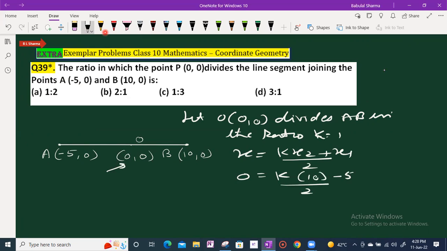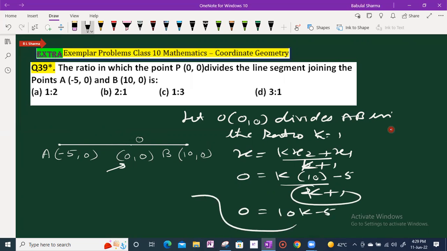When you multiply cross multiplication, sorry, that is not kx2, that is k plus 1, sorry. Once again, I'm also sorry, that is k plus 1. So when this k plus 1 multiplied by 0 becomes 0, so 0 is equal to 10k minus 5.